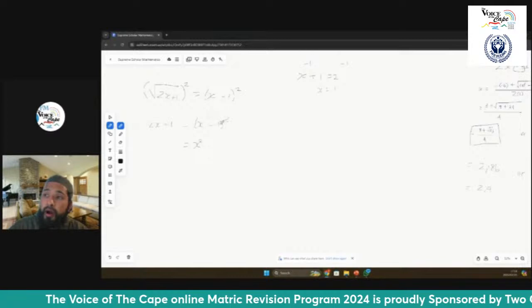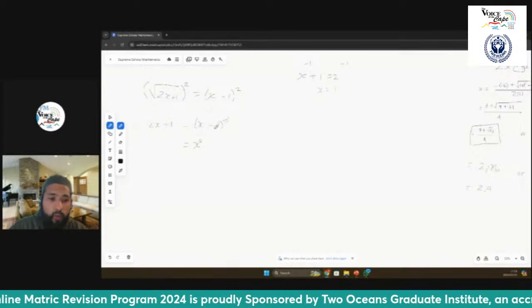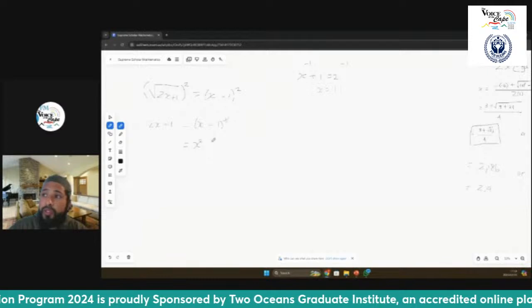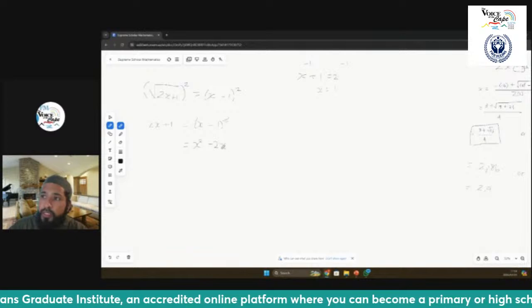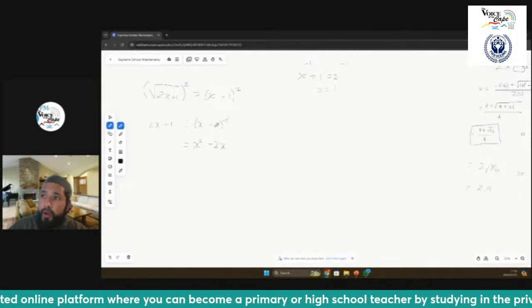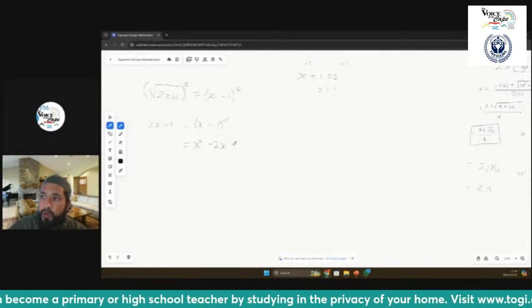Then you take the first term, multiply it by the second term, including the sign, and multiply the answer by 2. So x times negative 1 will be negative 1x, and that multiplied by 2 will be negative 2x. And then for the last term, we take the last number, including the sign, negative 1, and we square it. Negative 1 squared will become plus 1.